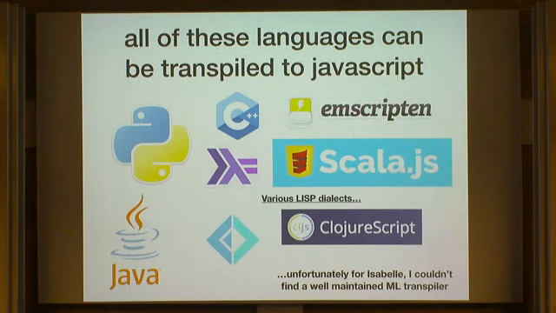And the other problem is, well, I've already written all my code. It's already in Scala or in C++. Well, that's fine as well, because there are tools that let us transpile to JavaScript.